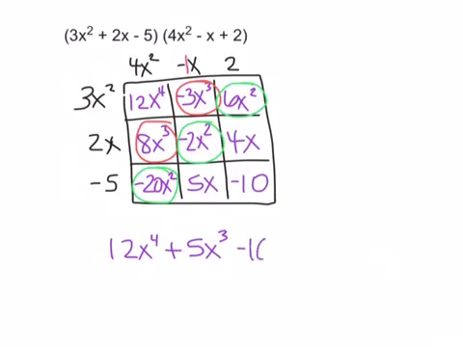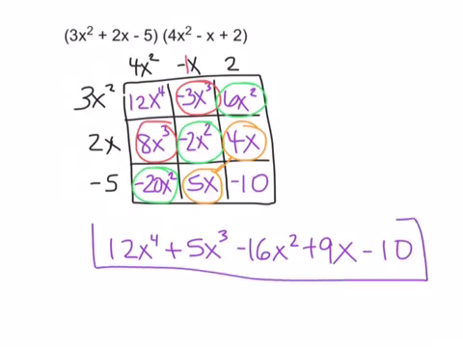Again, negative 22 plus 6, negative 16x squared. All right, then you might also see we've got an x term here and an x term here. What's 5x's plus 4x's? Well, that is 9x's, so plus 9x. And lastly, we have this negative 10 here, so minus 10. Here's our final expression when we multiply two trinomials.